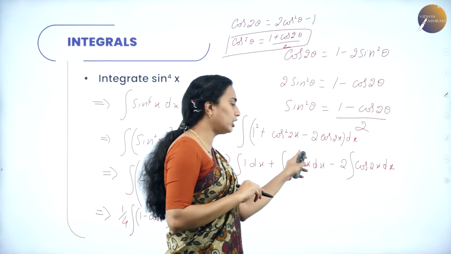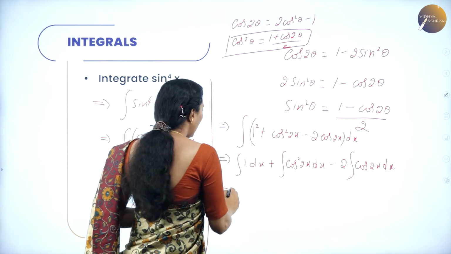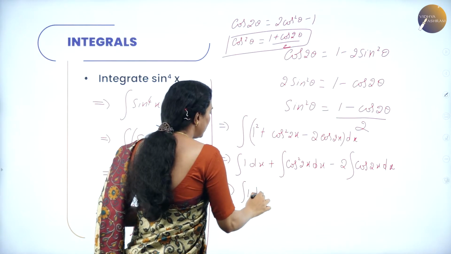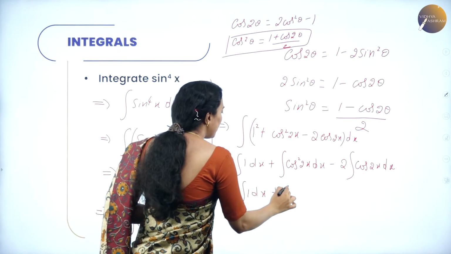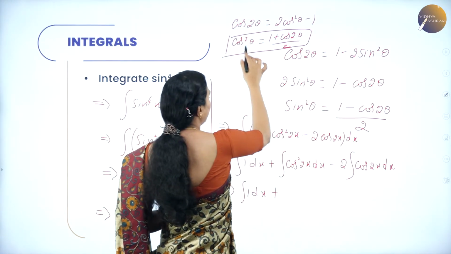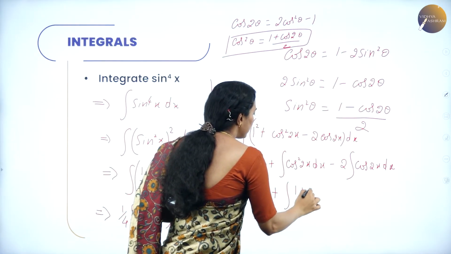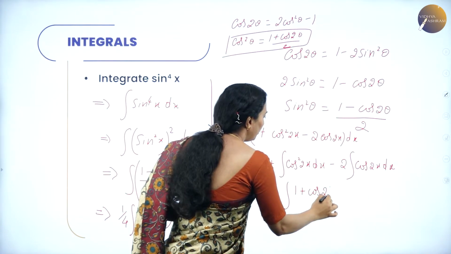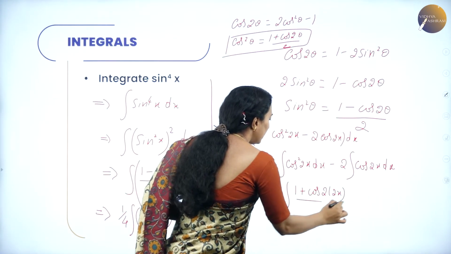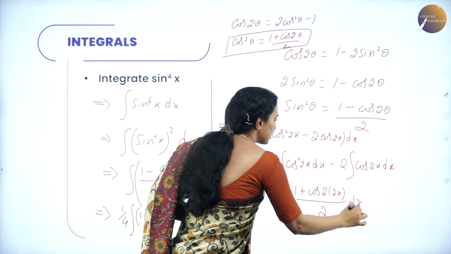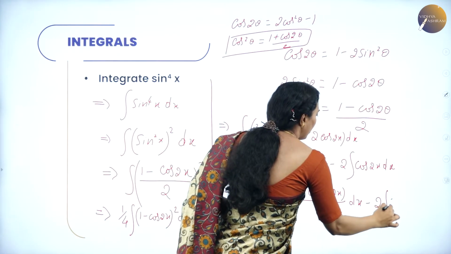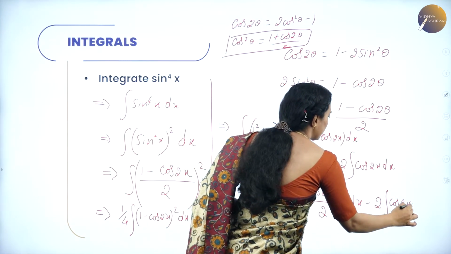Theta replaces 2x here. Therefore, writing accordingly, integral of 1 into dx as it is, plus cos squared theta, which is integral of (1 plus cos 2 into 2x) divided by 2 into dx, minus 2 into integral of cos 2x into dx.